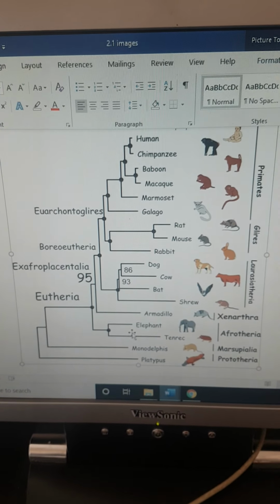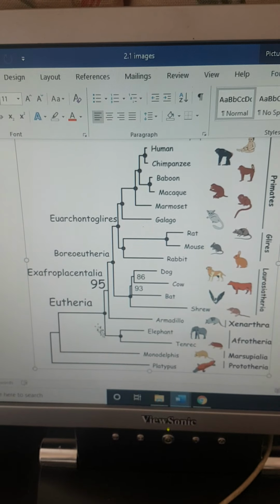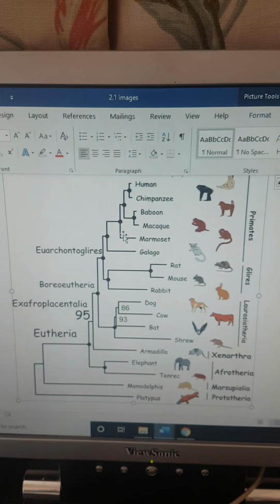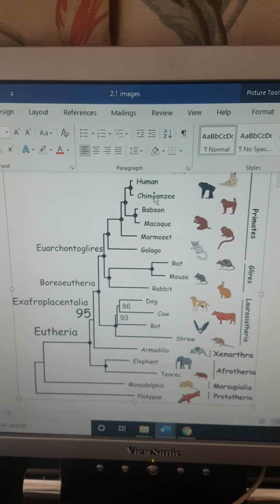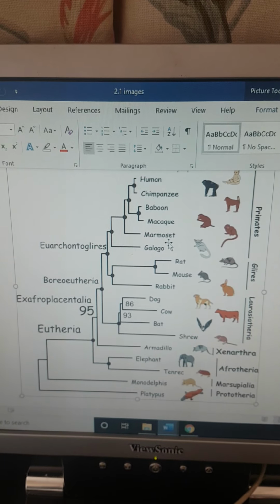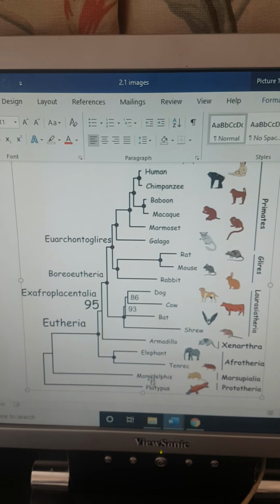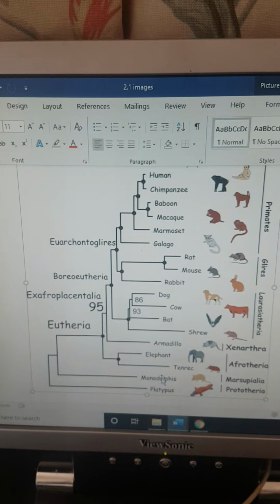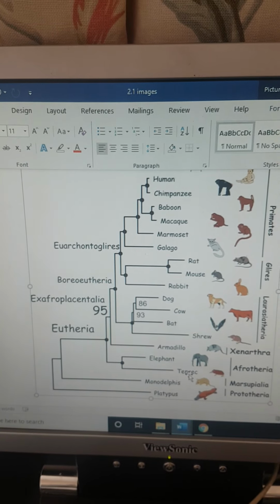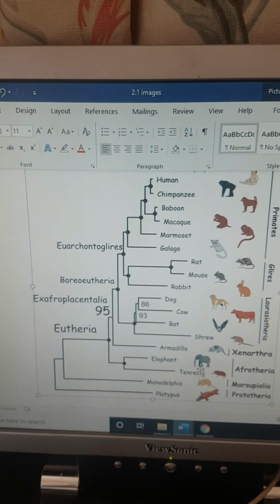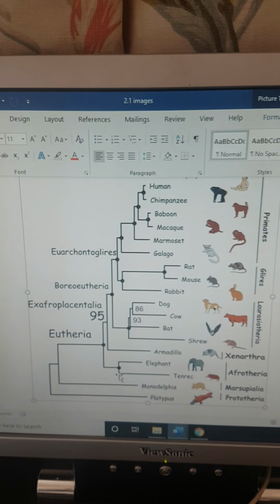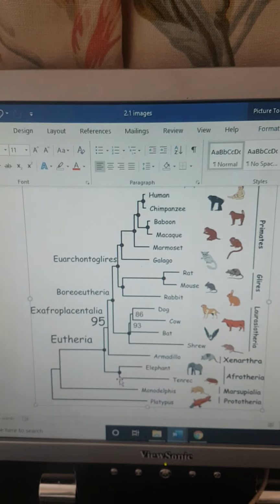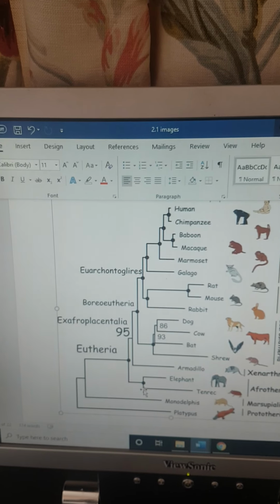The kangaroo, of course, being a marsupial, is much more distantly related to placental mammals such as dogs or humans. The odd one out is the kangaroo. They're primitive, by the way, because they don't give birth to reasonably well developed young. Their young are born when they're really only half developed, and that's why they have to be kept in a pouch. So number 2, kangaroo, the odd one out.